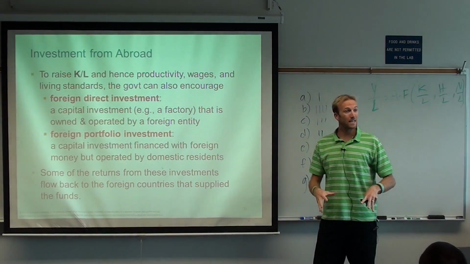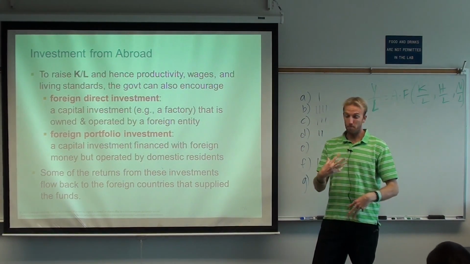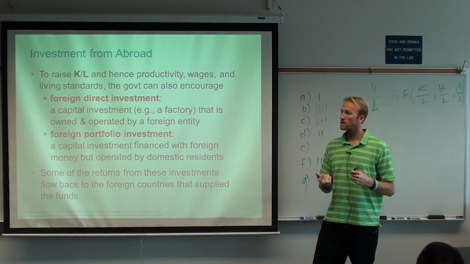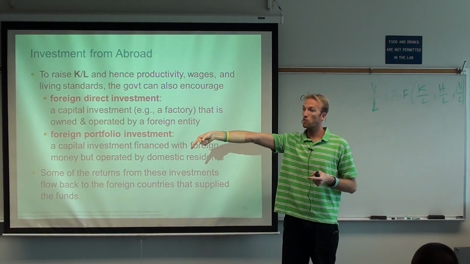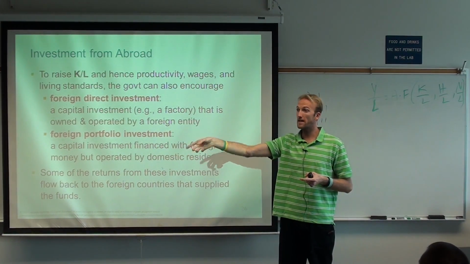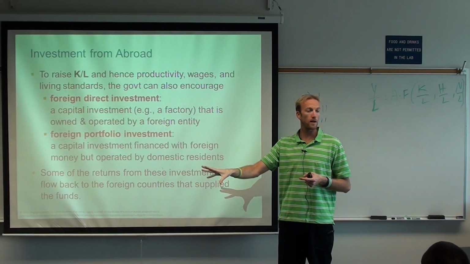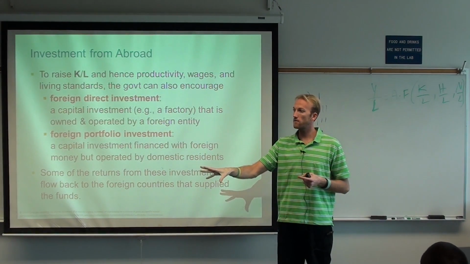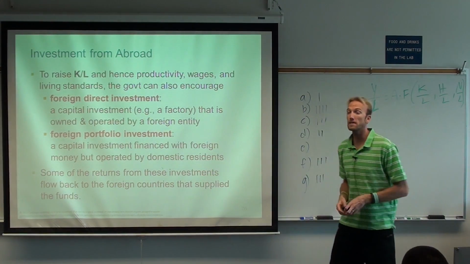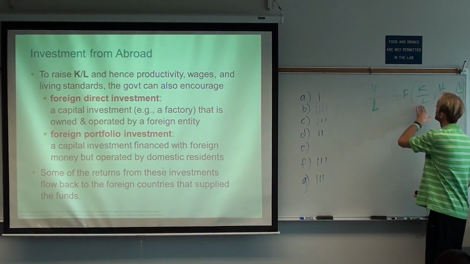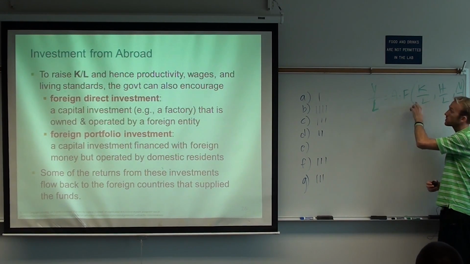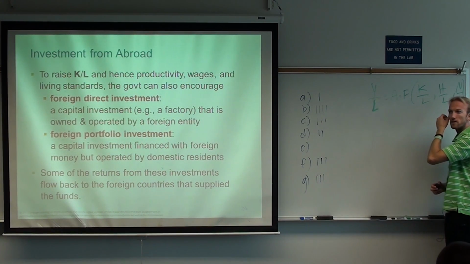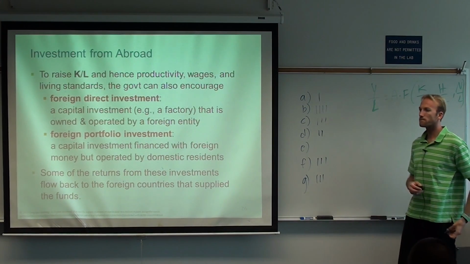So Americans bought billions of dollars of Alibaba stock, which sends that cash over to China, which Alibaba can then invest into whatever capital it needs. So we're going to make China's capital per worker go up by foreign portfolio investment. So hopefully they'll be able to have an increase in their K over L, or Y over L.